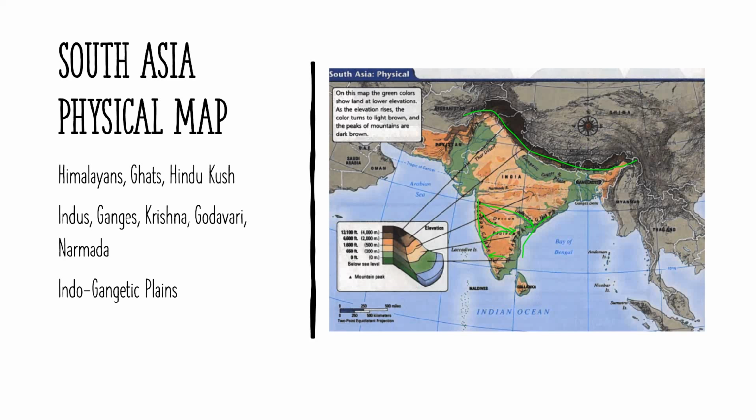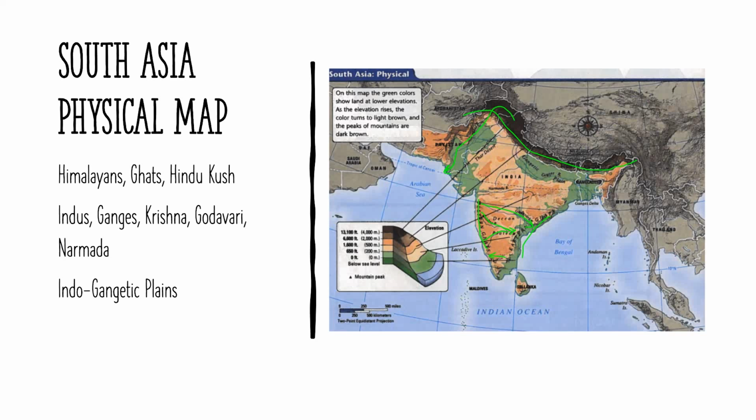Perhaps the most important rivers, though, in South Asia lie in the north. You have the Indus River that cuts from the Himalayan mountains here in the west, carving its way down to the Arabian Sea. Archaeological evidence shows that some of the earliest urban civilizations in this part of the world started along this river.